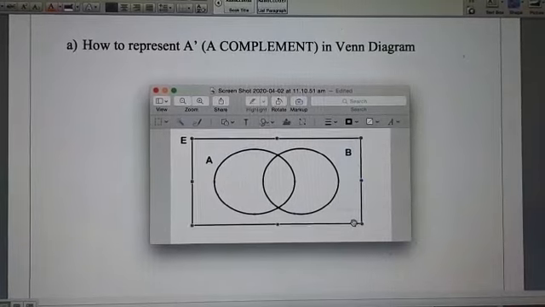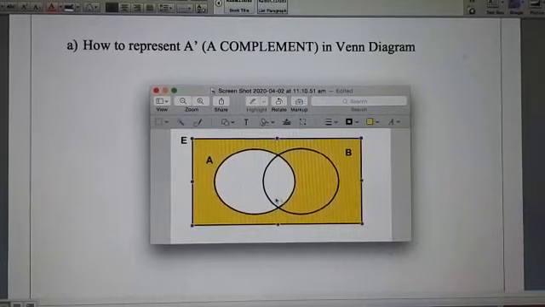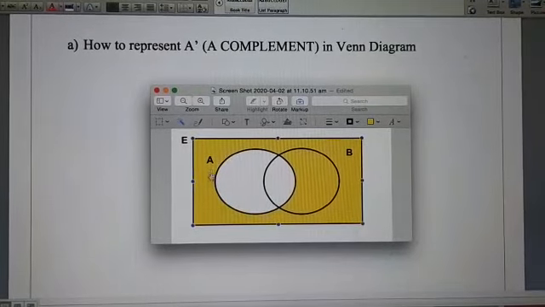Which means we are going to shade the region other than A. So we have to note here that whichever is the complement, if you are going to take the complement of A, don't shade A, rather shade all the part other than A.